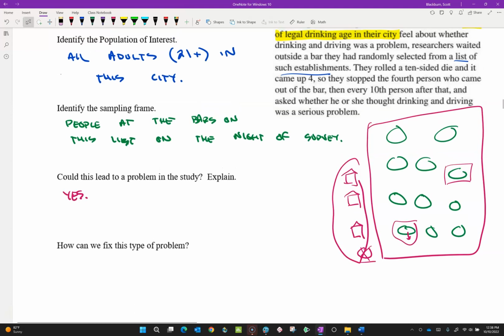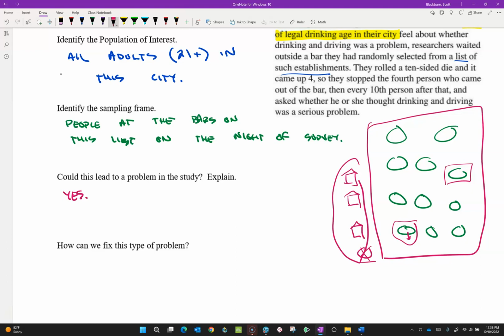Why? Well, we're getting information only from the people that go to the bar. We're asking a question about whether drinking and driving is a problem or not. I don't think it's too far of a stretch to believe that people that go out to a bar at night may have, on average, different opinions about drinking and driving than somebody that is not at a bar that night.